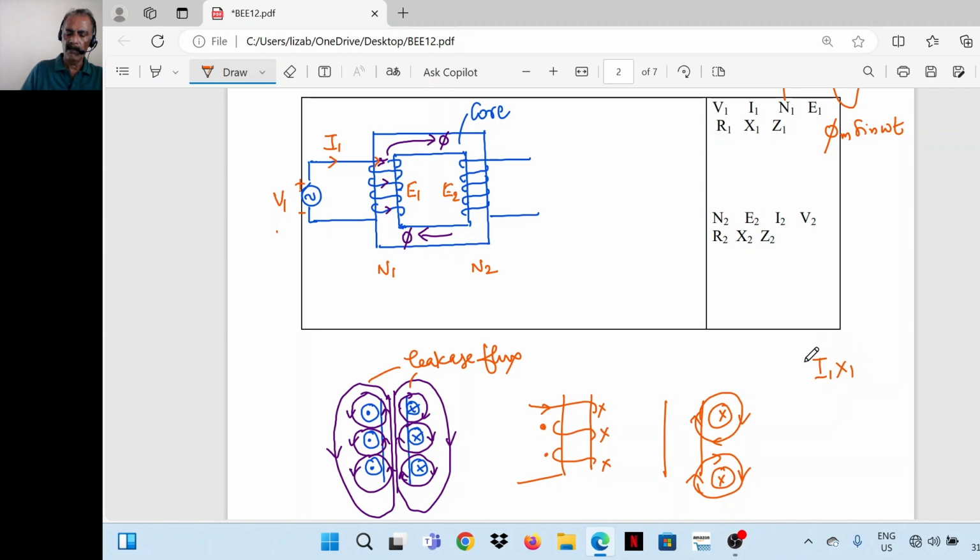The magnitude of I1 X1 is equal to the EMF induced by the leakage flux in the primary winding, expressed as a voltage drop. So this reactance X1 is called the leakage reactance.